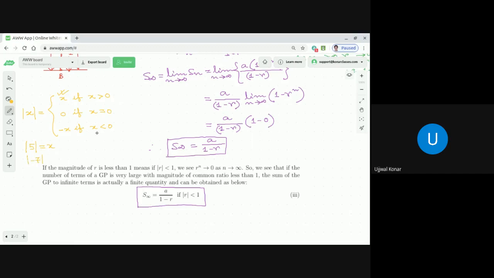Minus 7 is less than 0, so it comes to the third branch, that is minus of x. x is minus 7, so minus of minus 7 ultimately gives 7. Are you getting my point, dear students? And mod of 0, obviously x is equal to 0, so it's 0. That is the fundamentals about mod.